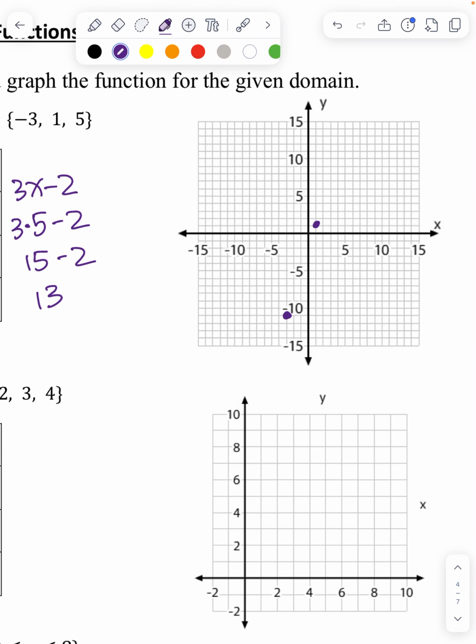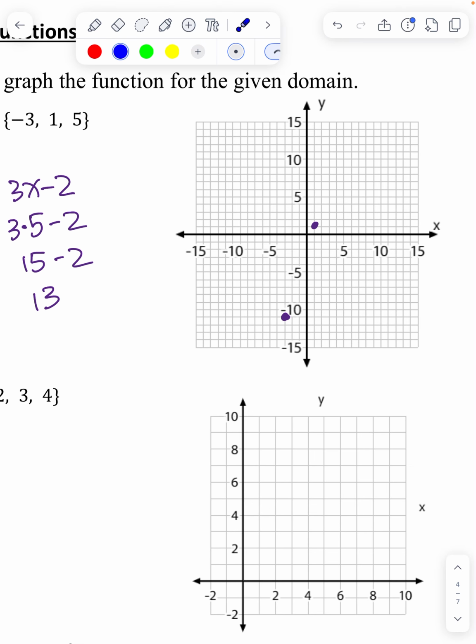The x value is 5, the y value is 13. Right here, 13, 14, 15, yeah, the point is right here.